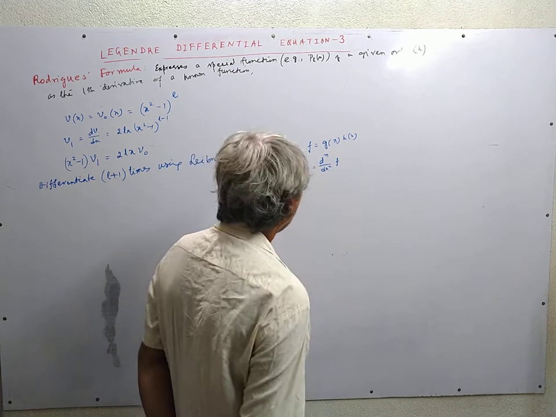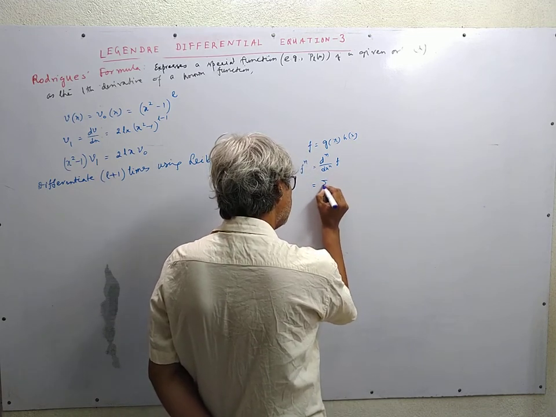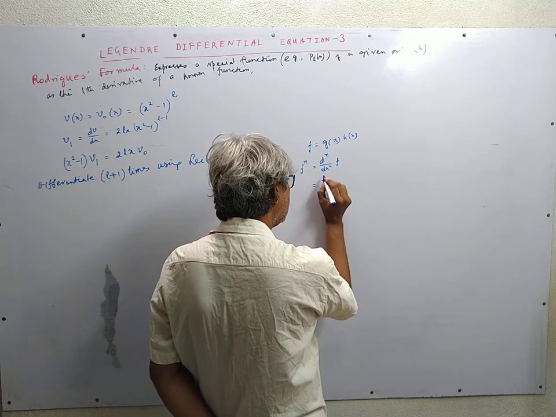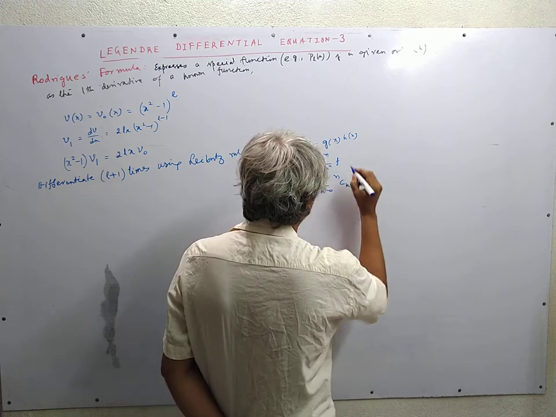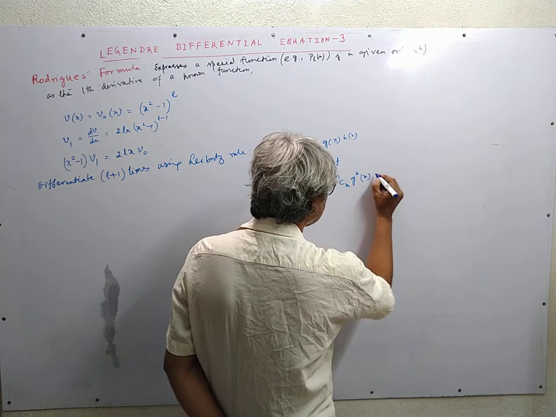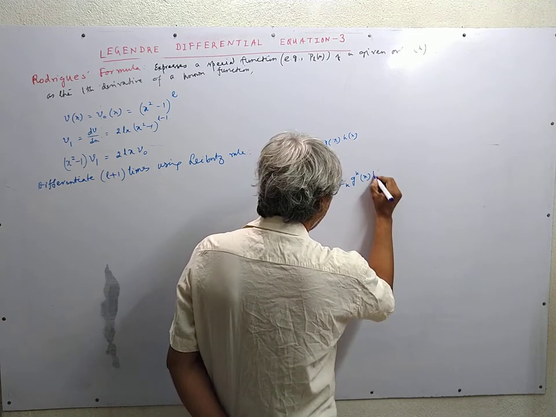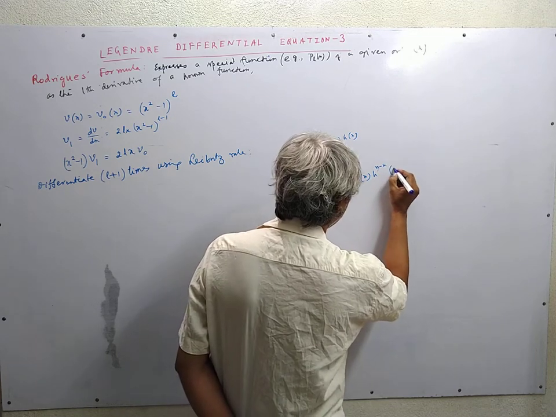Then Leibniz rule says that this is the summation over k equal to 0 to n of nCk, gk of x, h n minus k of x.